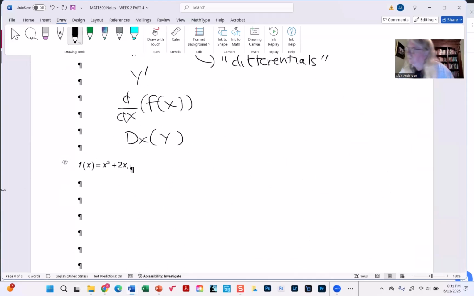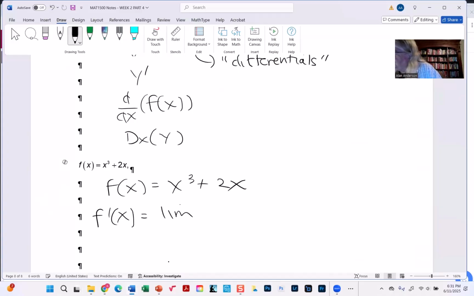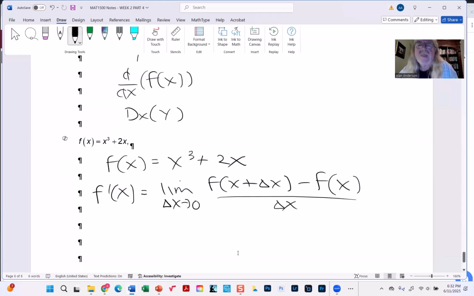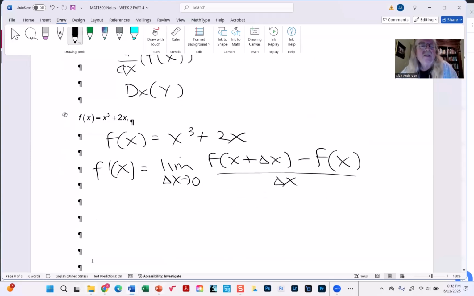All right, so the derivative f prime of x will therefore be the limit as delta x goes to 0 of f of x plus delta x minus f of x, all divided by delta x. And again, you can see what we're looking for is the slope of a tangent in the limit. So now here's where it gets very messy.